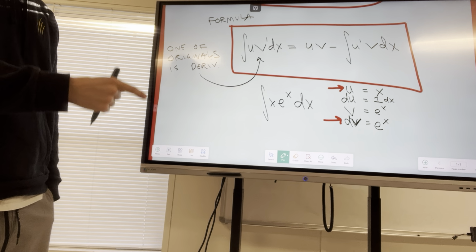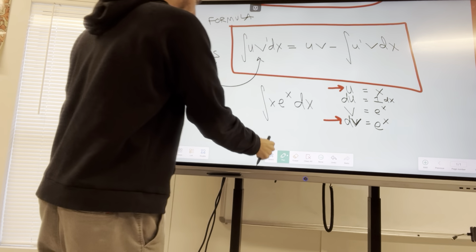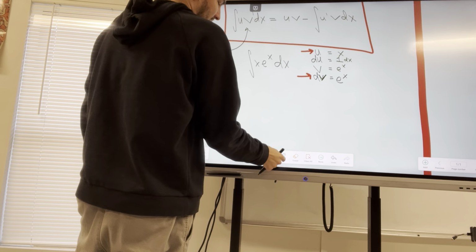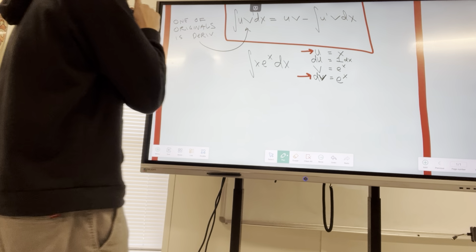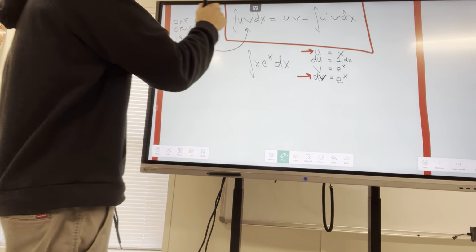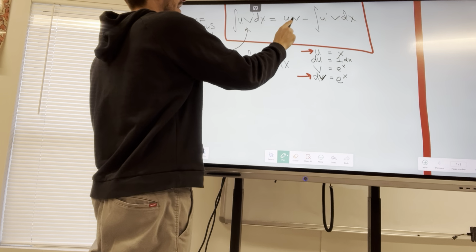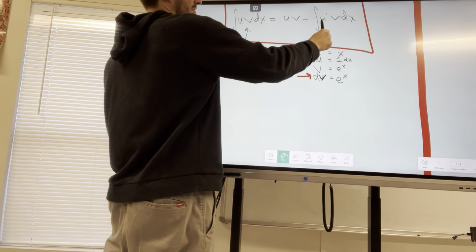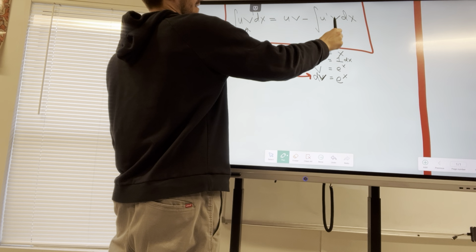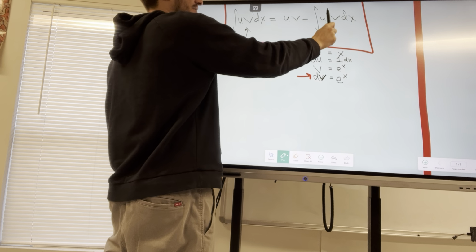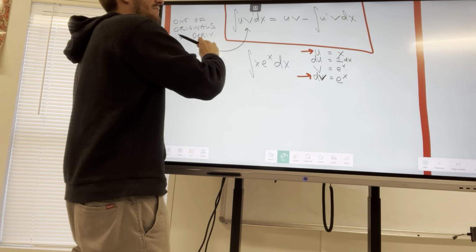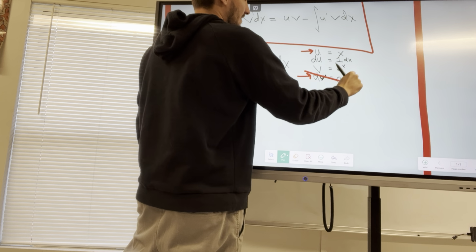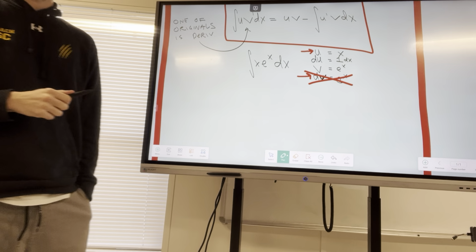Step number 2, we need to use our formula. So here's the strategy for using the formula, okay? The formula is u and v, minus the integral of u prime or du and v, just a regular v. So out of all of these, this dv will not be used again in the formula.